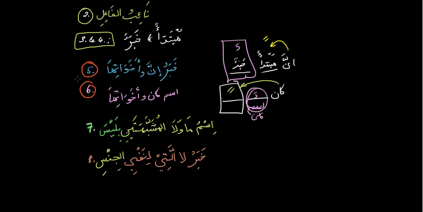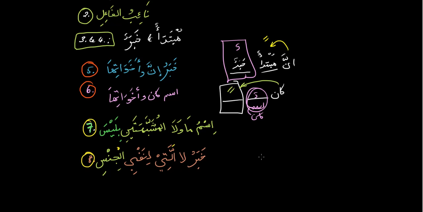And then the last two categories are ism ma wala al-mushabbahataini bilaysa, and khabaru la allati li-nafyi al-jinsi. So those are the 8 categories of things that are always marfu.